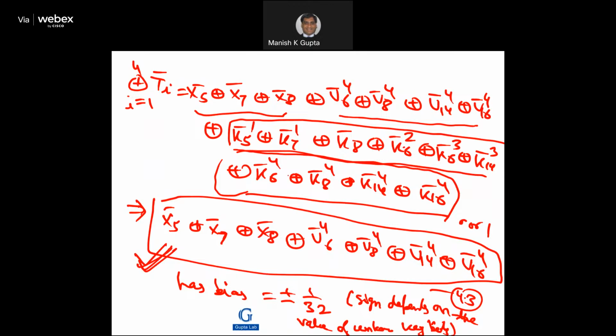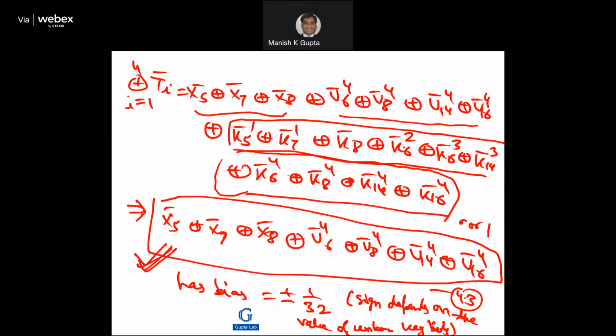So, now this expression, all this, okay, again, you see so many things. If these keys are either 0 or 1, the whole thing simplifies to this. These are all keys. So keys we are separating out. The rest of the plain text and the bits are other expressions. So now we are looking at this expression. We call it 4.3, which is other than the key stuff. So again, one can check that this has bias plus minus 1 by 32.